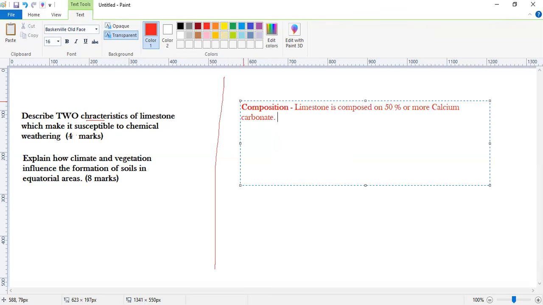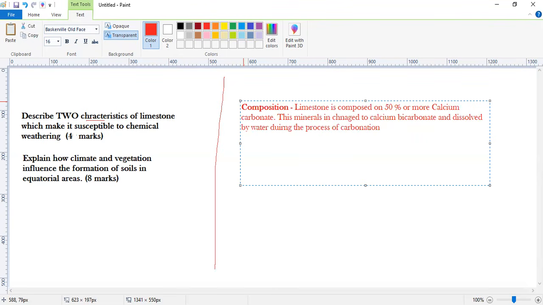So we could say this mineral is changed to calcium bicarbonate and dissolved by water during the process of carbonation.